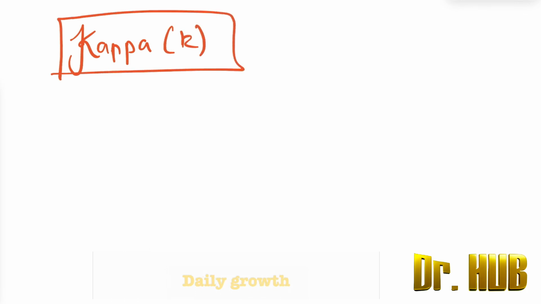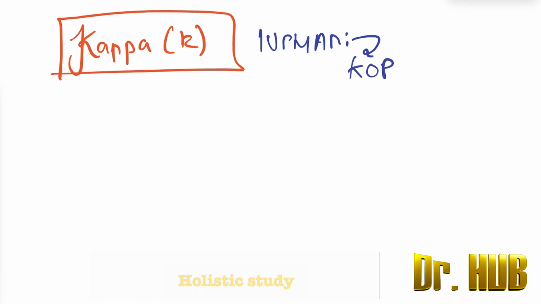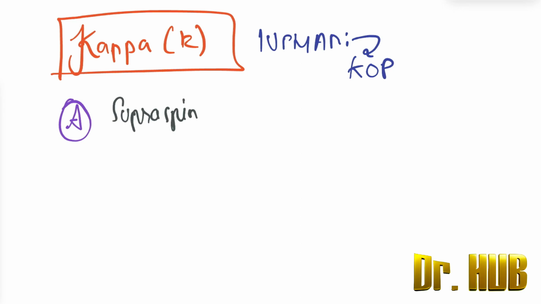Next we move on to the kappa receptors. To begin with kappa, the IUPHAR name is the KOP. To start off with analgesia, it has supraspinal as well as spinal action. There is nothing significant in the cardiovascular and respiratory systems.